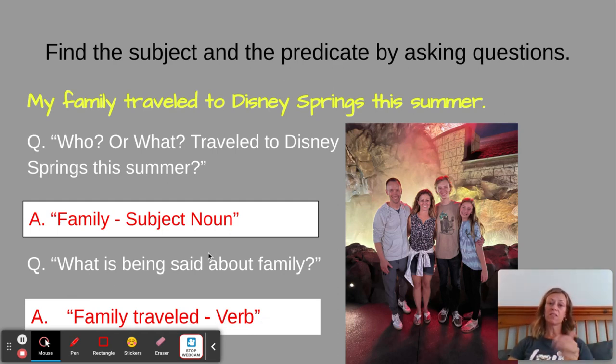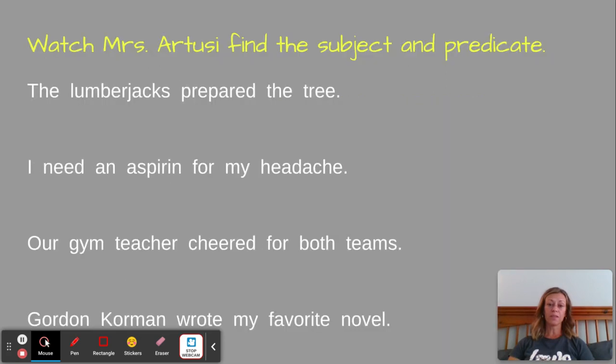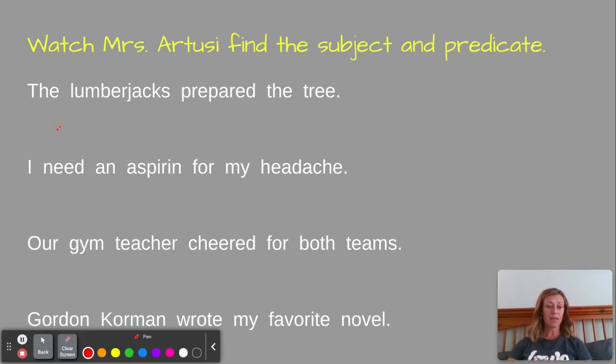Once you find the subject noun and the verb, then you can really figure out the subject and the predicate from there. So I'm going to do a little practice here. I won't do all of these. I'll do a few. But here's my pen, and I'm just going to underline the complete subject once and the complete predicate twice. And then you're going to have an activity just like this. So the lumberjacks prepared the tree.